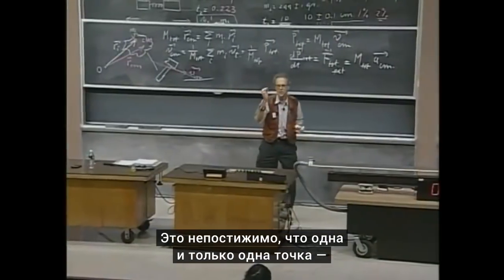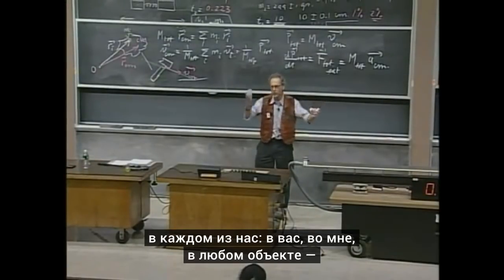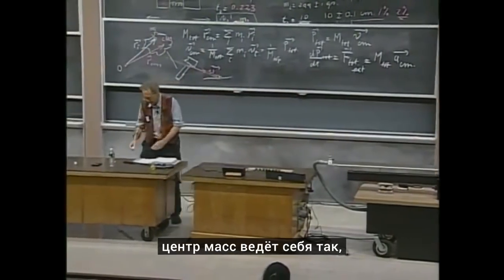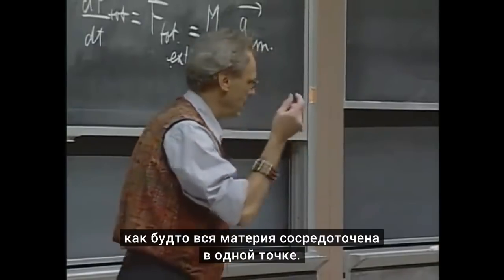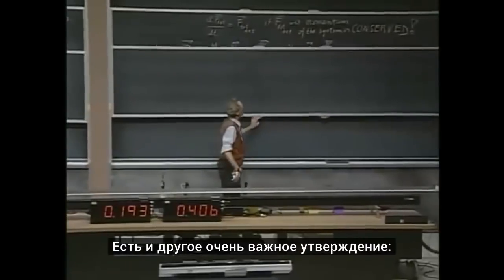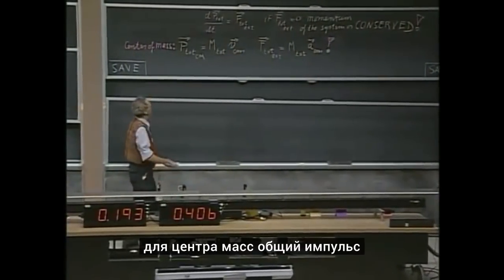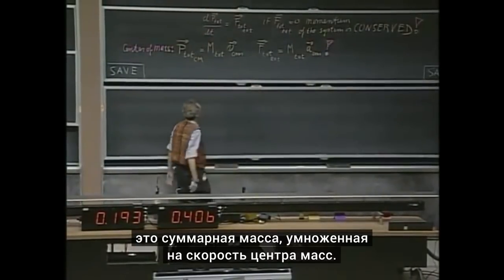That is very mysterious, that there is one and only one point in any one of us, in you, in me, in any object, that the center of mass behaves as if all the matter were together in one point. And so this is another quite important statement. For the center of mass, the total momentum is the total mass times the velocity of the center of mass.